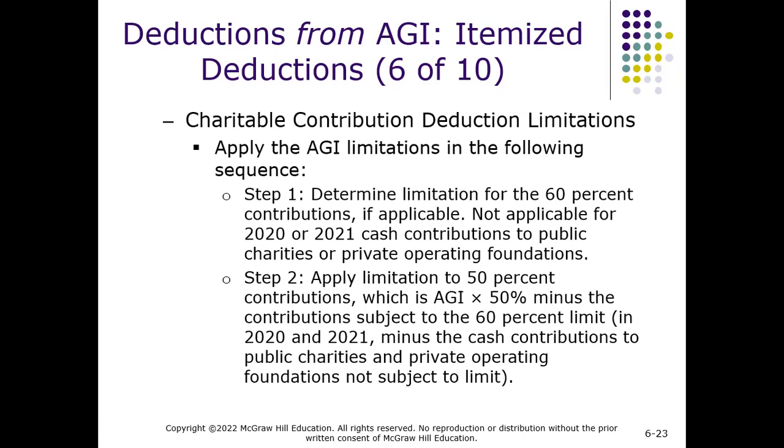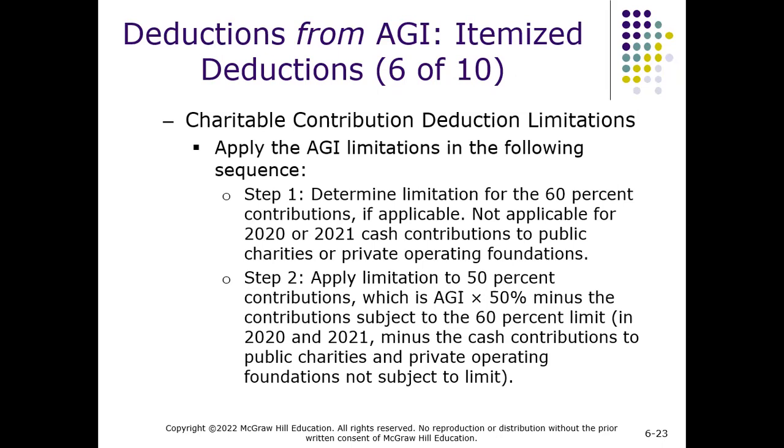Remember, ordinary income property, if that's donated to public and private operating foundations like Salvation Army, it's the lesser of your basis or fair market value, but you can only deduct up to 50% of AGI. So if you have any charitable contributions that cannot be deducted because they're above that AGI limitation, you can carry those forward.